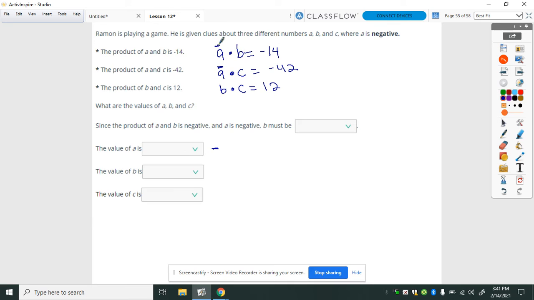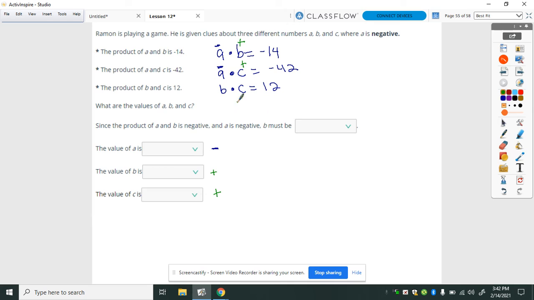Now, if we have a negative times another number, and the product is negative, then we know the other number has to be positive. So B is positive and so is C. Making little notes there. Since the product of A and B is negative and A is negative, B must be positive, just gave you that answer.